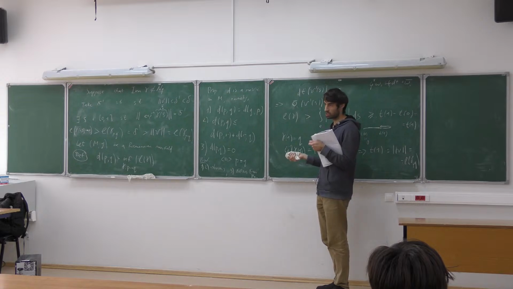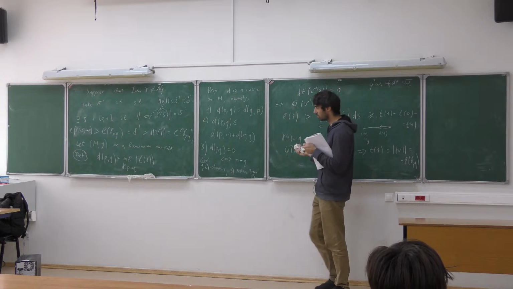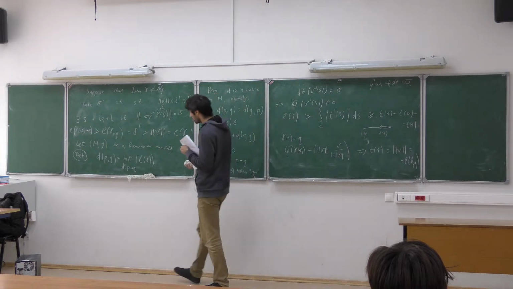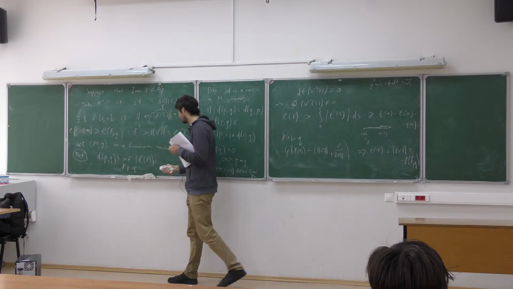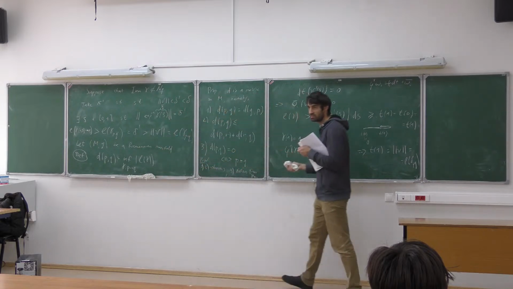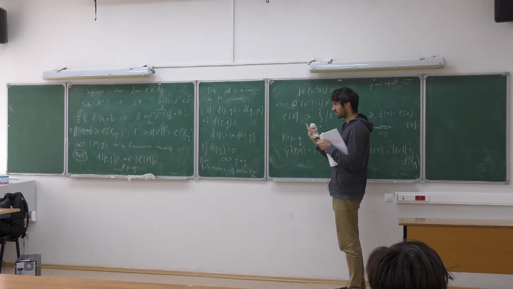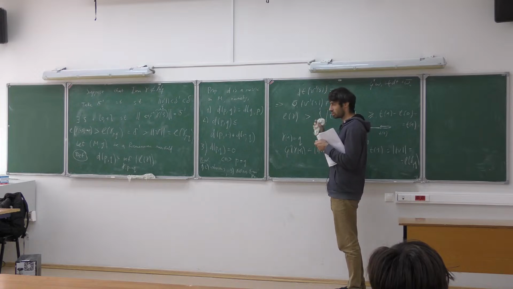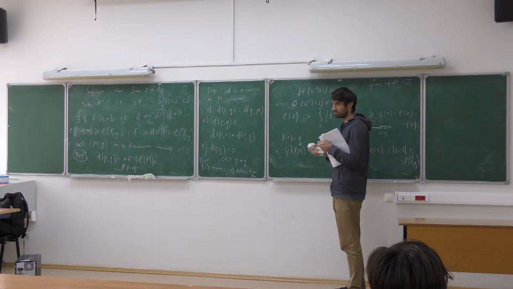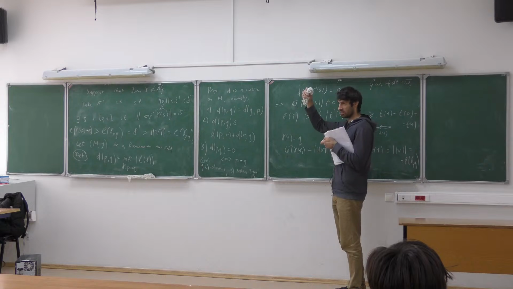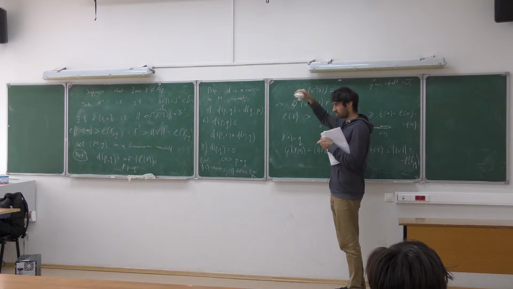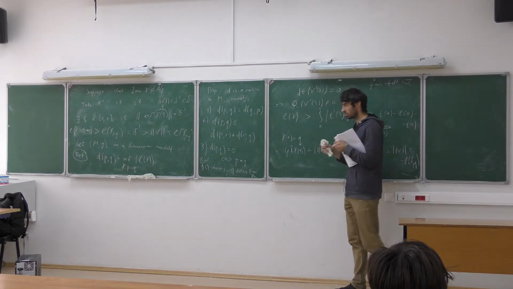And the answer is yes, if your additional assumption is that your Riemannian manifold is complete. So all geodesics are defined on the whole of R, which is the same as all Cauchy sequences converging. In particular, if M is compact, then any two points can be joined by a geodesic of minimal length.